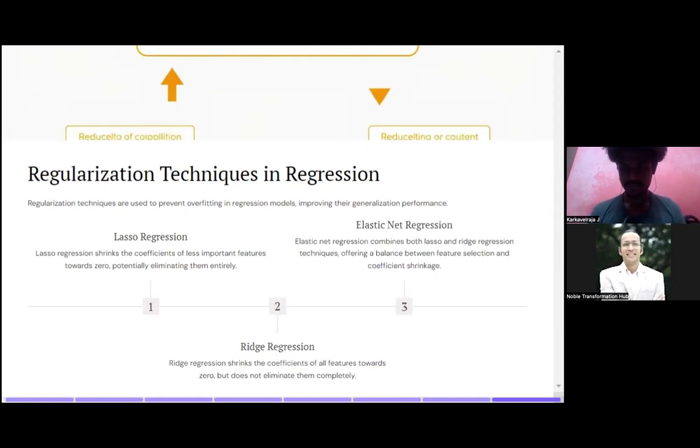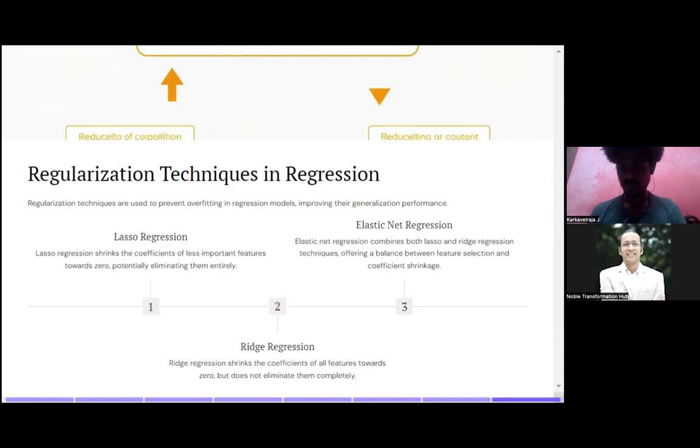So then we have elastic net, and it is elastic. When you have a rubber band, you pull it with two hands, so you use both the hands, right? Similarly, the elastic net regression combines both lasso and ridge. One goes towards zero and eliminates the less important features, the other goes towards zero and keeps them there.